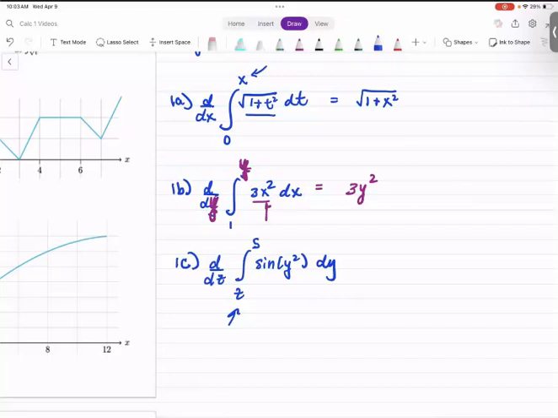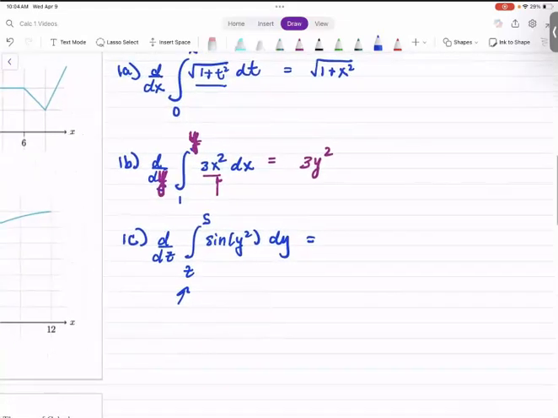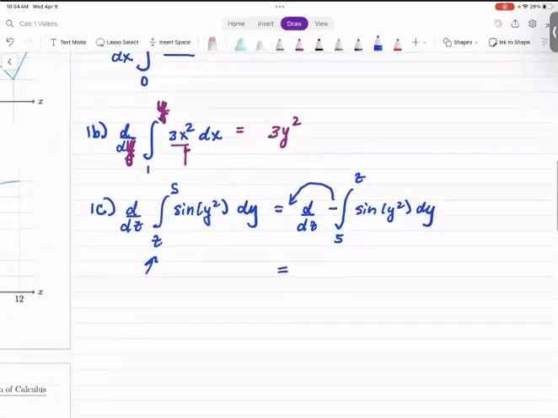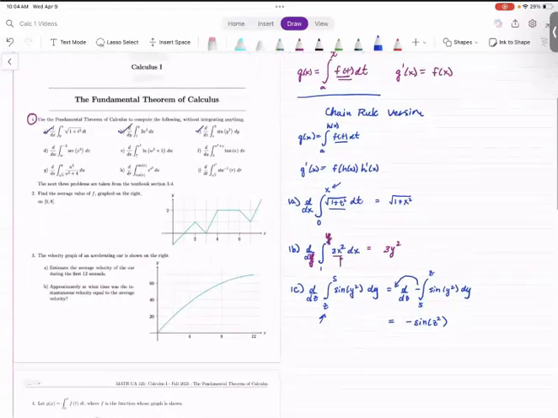But we use the properties of integrals, that we can flip the bounds as long as we change the sign. So really we're going to be looking at the derivative with respect to z of the negative of the integral from 5 up to z of sine of y squared dy. And that negative can come all the way out, and then you just apply the fundamental theorem of calculus. So it's going to be the negative of sine of z squared. Not so bad. So A, B, and C, done.